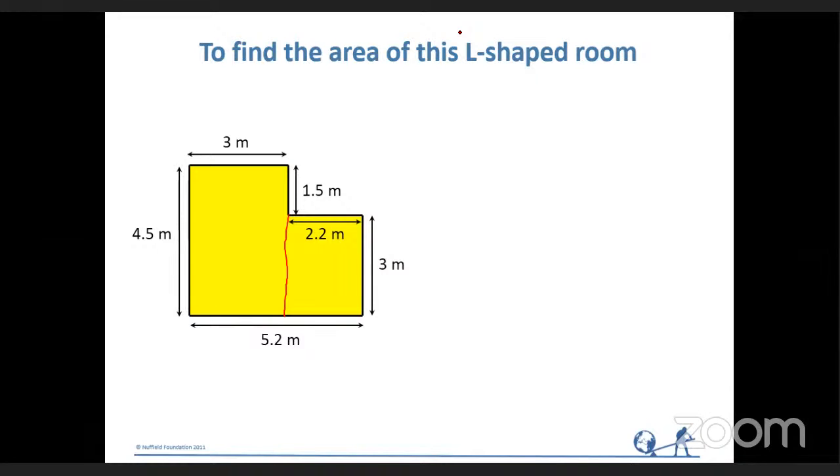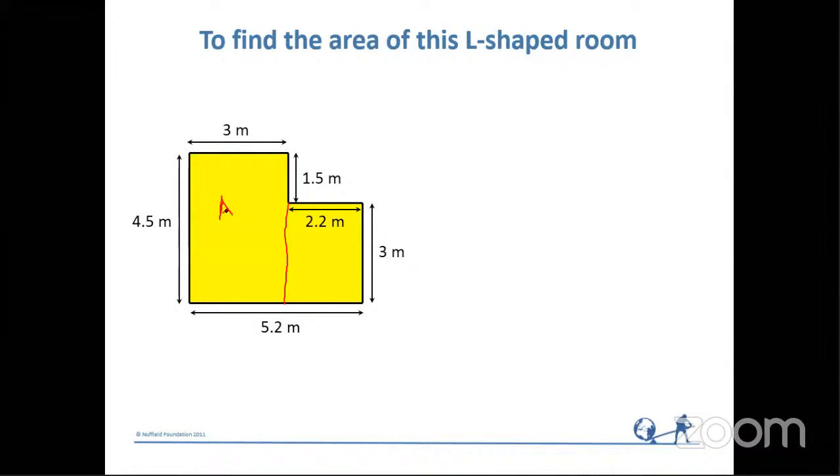Then we shall say area equals 4.5 times 3 meters. So that would be the area of this. Times 5.2 meters times 2.2 meters. Thank you. That's my answer. Welcome, sir. Then Bridget and your friend, what are your suggestions?